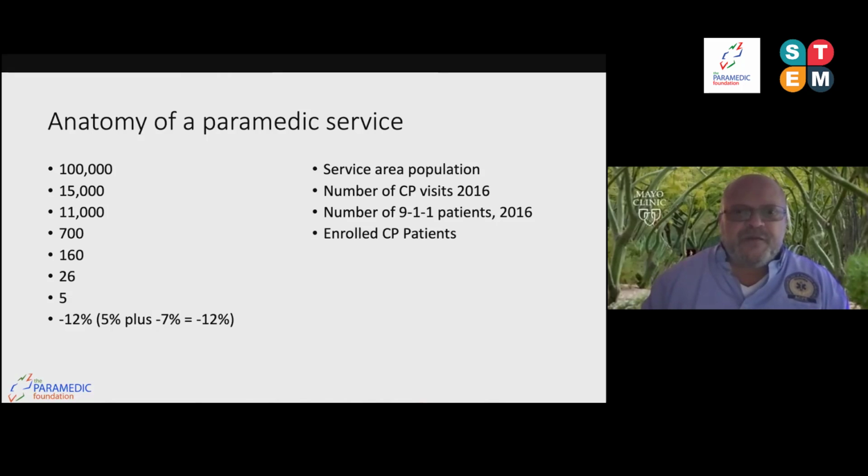In his program in 2016, they had 700 enrolled patients, 160 paramedics delivering emergency care, 26 paramedics doing those 15,000 visits to patients in their home on a scheduled or non-emergent basis. 5 of those working every single day.